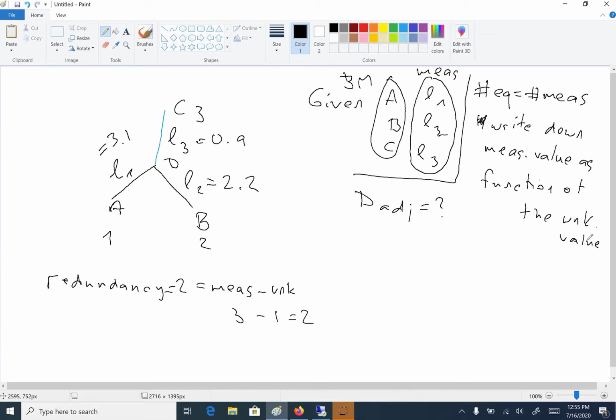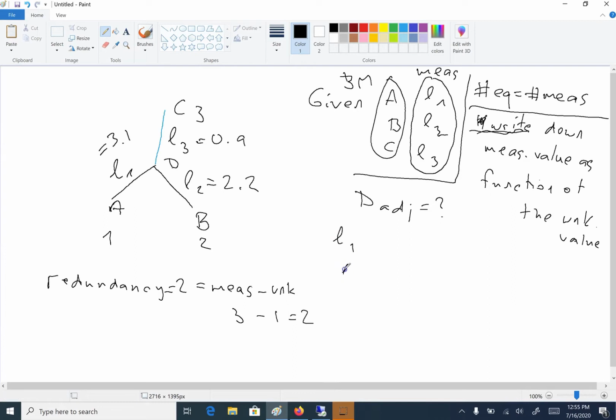So we know we're going to have 3 measurements. And now we have to write down each measured value as a function of the unknown. And this is where many people get confused because it's backwards from the usual setup where we write down the unknown as a function of the measurements. So it's reverse thinking.